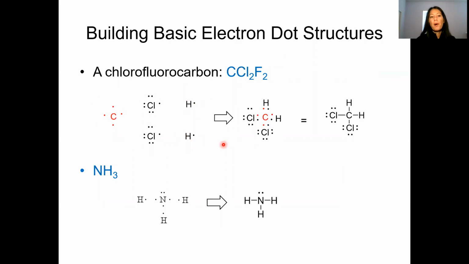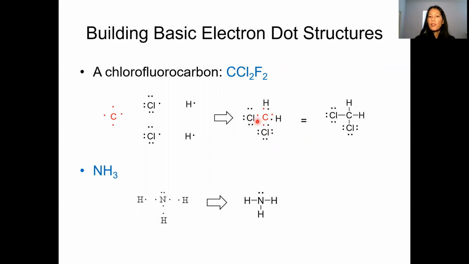So the way this will bond is carbon needs to make 4 bonds. That's perfect because you have 4 different atoms that want to make 1 bond. So you just arrange them around carbon. Carbon is sharing each of its 4 electrons with each of them. Notice I put 2 chlorines here. You could have had chlorine across, chlorine up here. It doesn't matter. That's not specified, so don't worry about that.